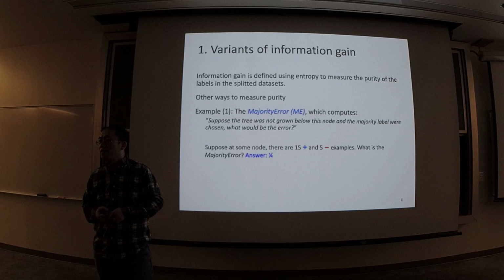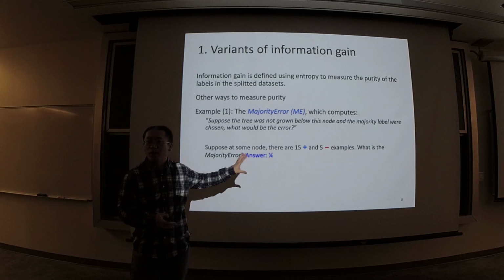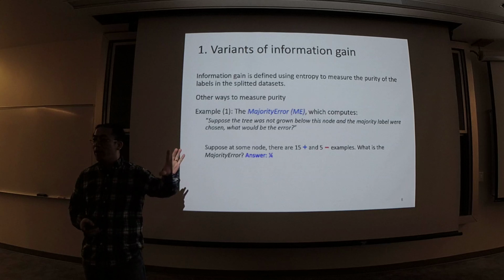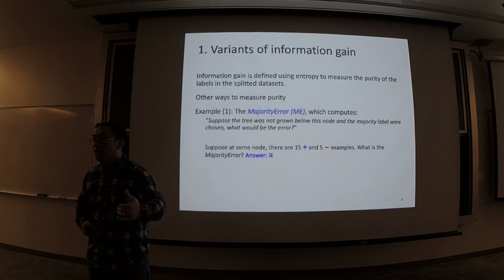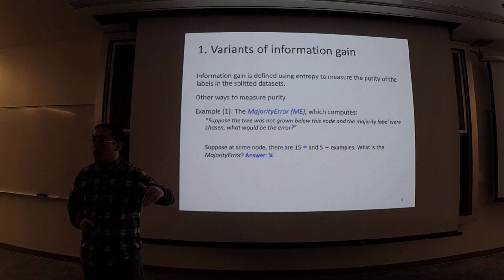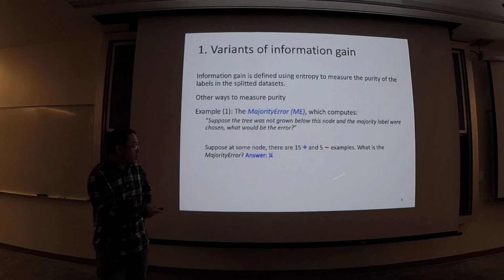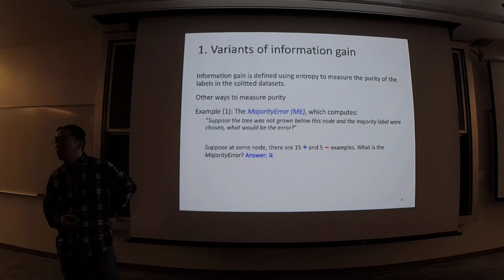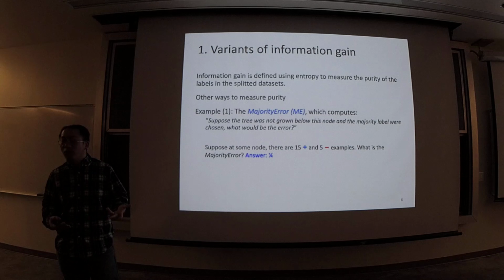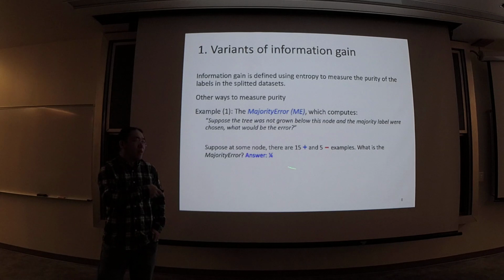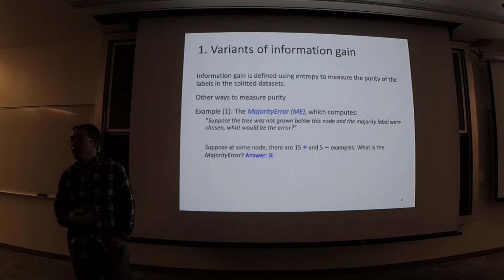This is very similar to the behavior of entropy: the larger the entropy, the worse the purity, and the smaller the entropy, the better the purity. Similar arguments apply to majority error. The larger the majority error, the more mixed the labels, and the worse the purity. And vice versa.